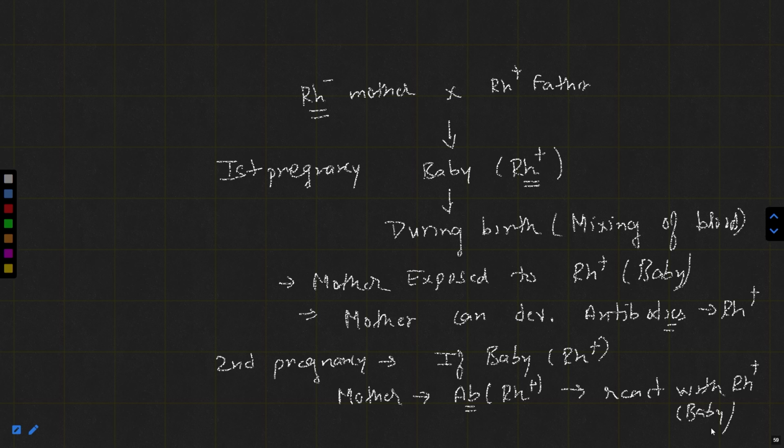So there are chances that the second baby can die, because it also contains the Rh positive protein, and the mother has antibodies against it, developed during the mixing of the blood in the first pregnancy. All right, so this can happen.